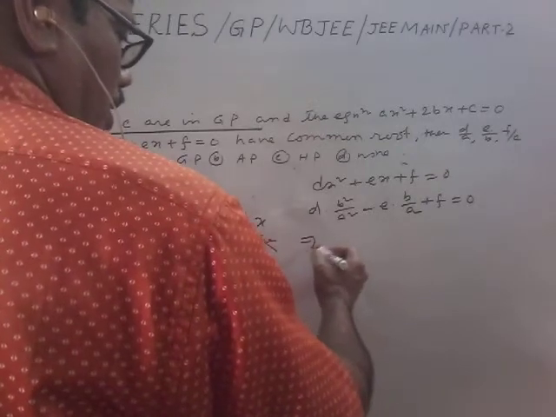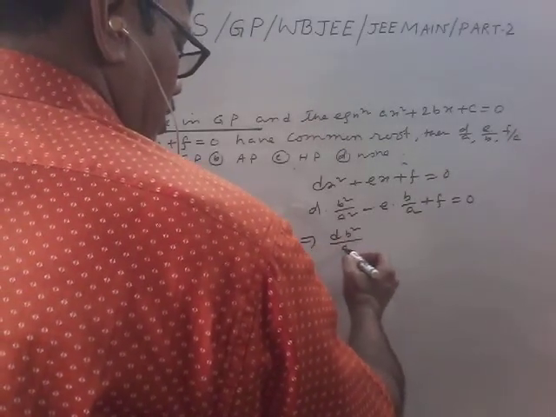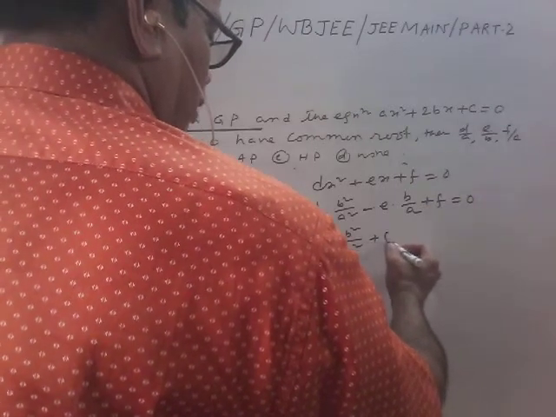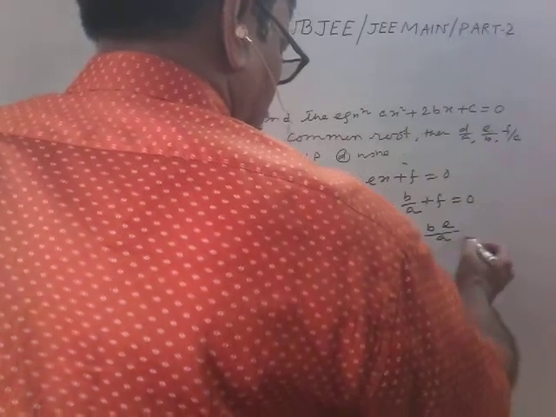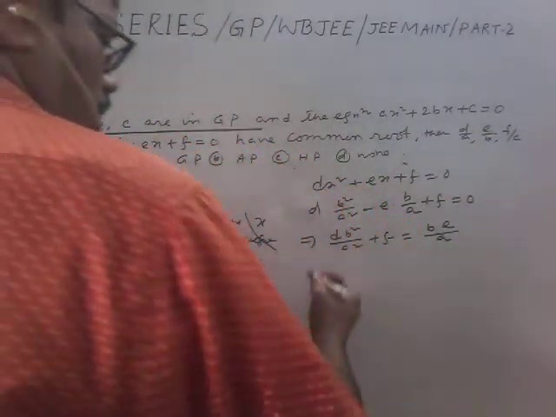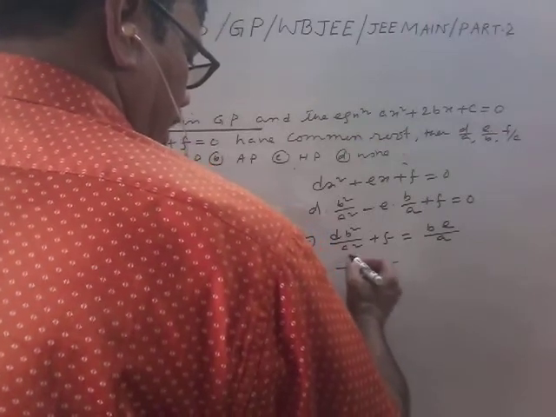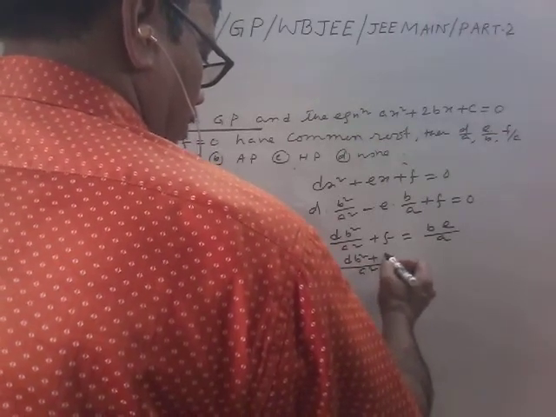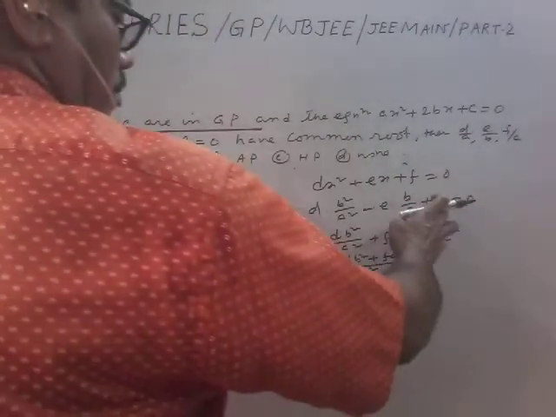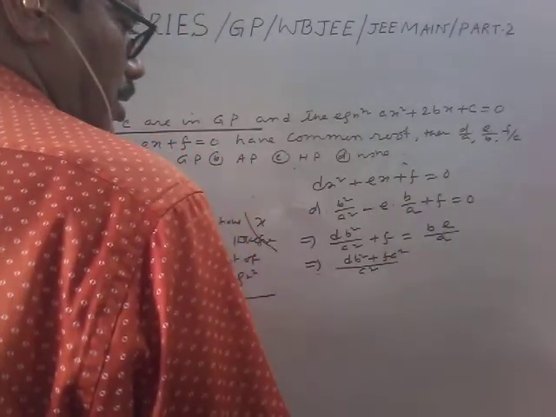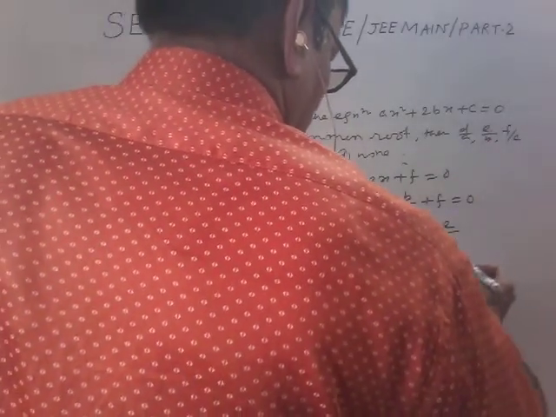So db square by a square plus f equals eb by a. So a square LCM, db square plus f a square equals eb by a.